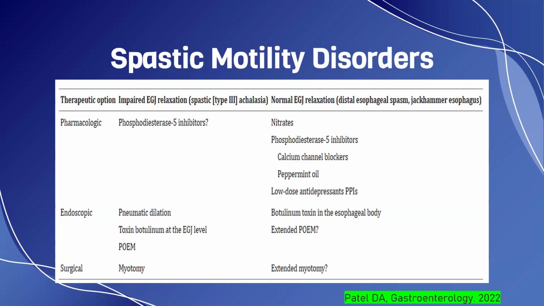In contrast, disorders with normal esophagogastric junction relaxation, such as distal esophageal spasm and nutcracker esophagus, are first treated medically using PPIs and calcium channel blockers. Endoscopically, in patients who do not get relief from medical management, we go for pneumatic dilatation, botulinum toxin at the esophagogastric junction level, and finally POEM.